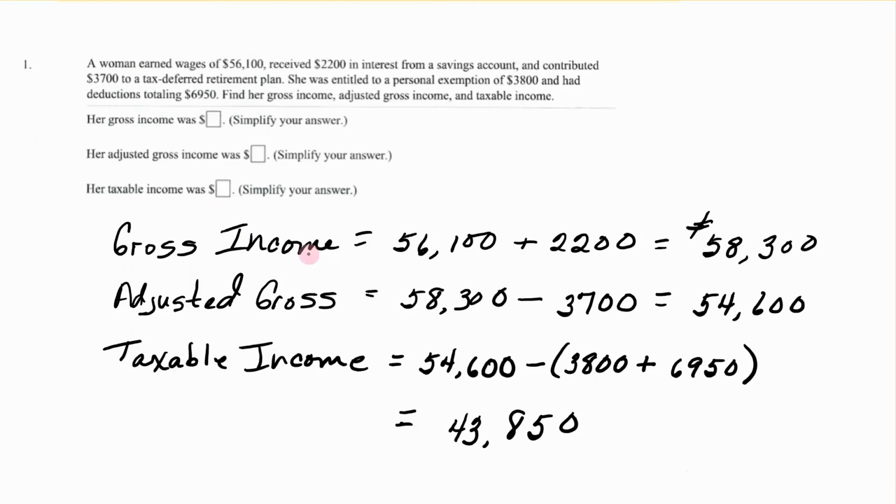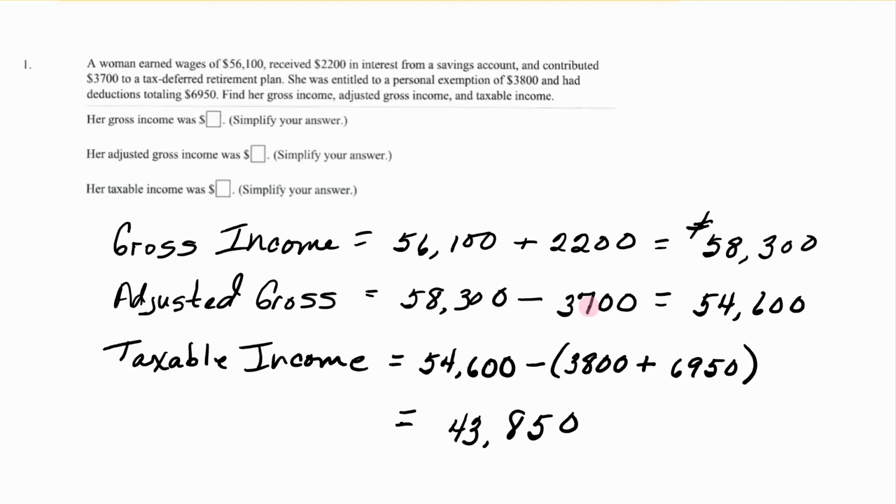So, gross income is to add her wages and her interest. Her adjusted gross income is the gross income minus adjustments. Now, what are adjustments again? These are things that are not taxed, like retirement accounts, tax-deferred savings, interest on student loans, alimony.